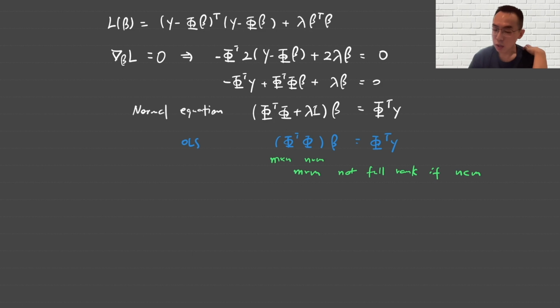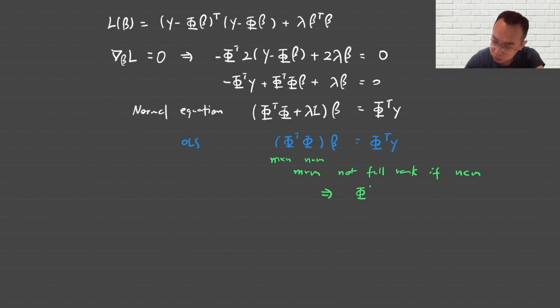However, we are adding this lambda I to the ridge regression problem so that this system can always be solved. If it's not full rank, that just means that we cannot invert the matrix.